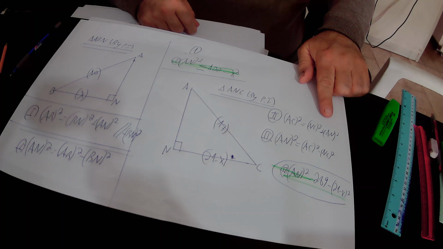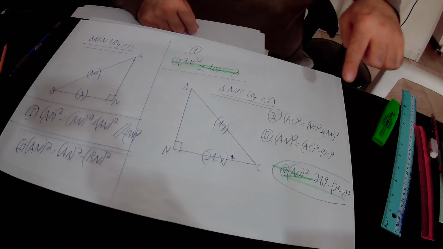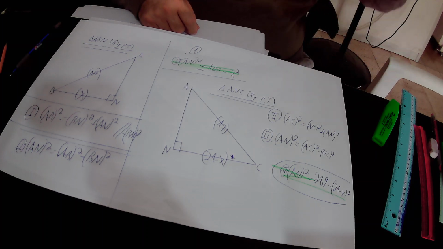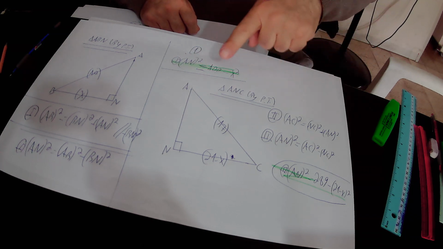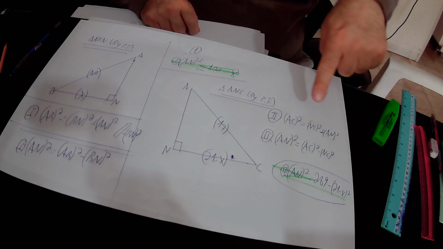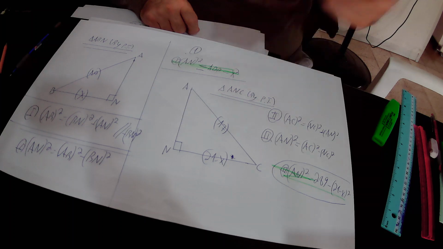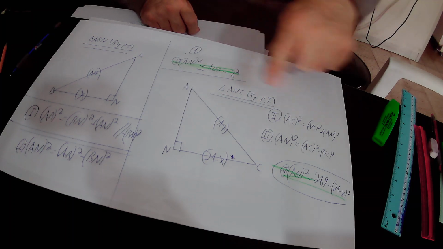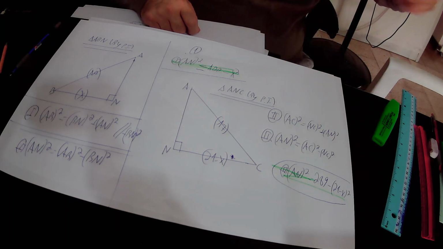Here we subtracted NC square from this equation, and finally found that according to equation 2, AN square equals AC square minus NC square. So AN square, that is the missing side, equals AC square. AC is 17, therefore AC square is 17 squared, that is 289, minus NC square. NC is 21 minus X, therefore NC square equals (21 minus X) square.